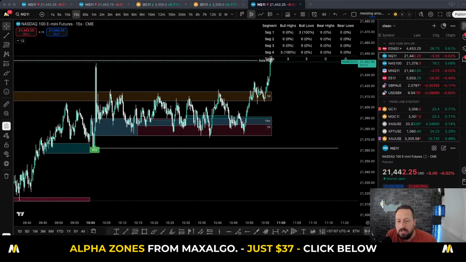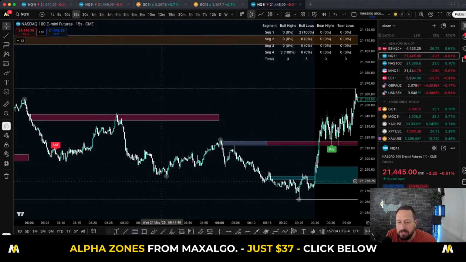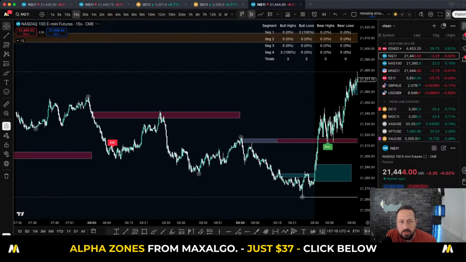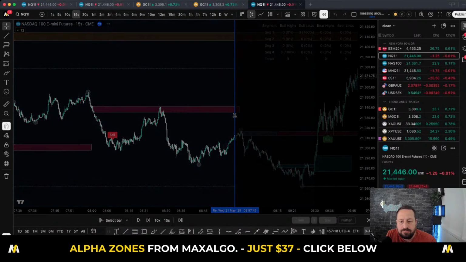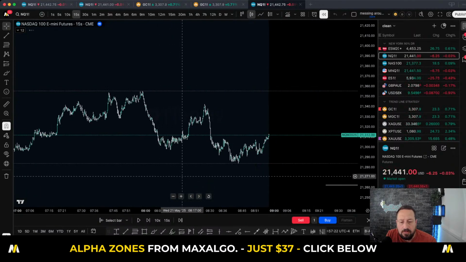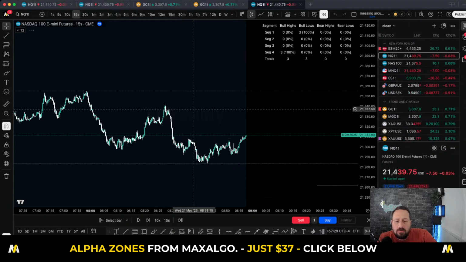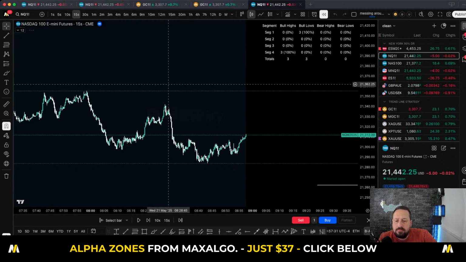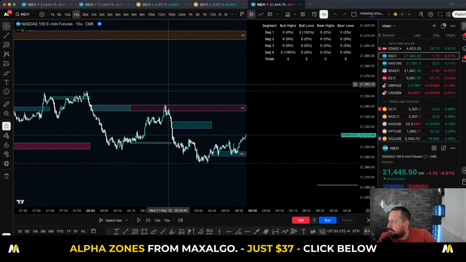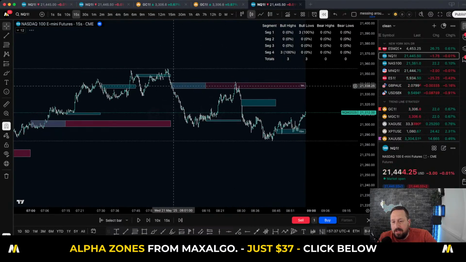Right, so obviously 4 hour, I'm breaking up to an hour, but I can do the same thing on the hourly, right? So if we have a look at this one, we can see our 15-minute starts bearish.